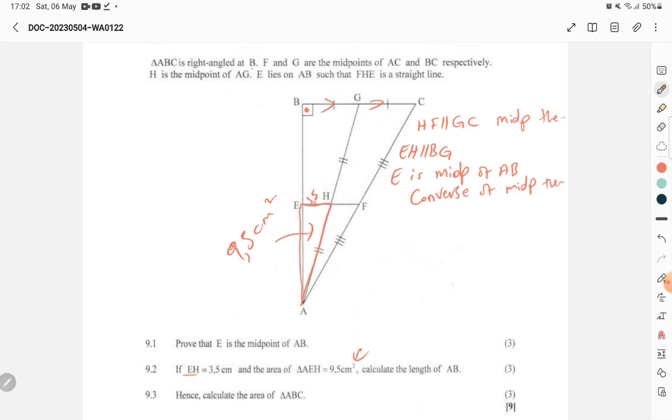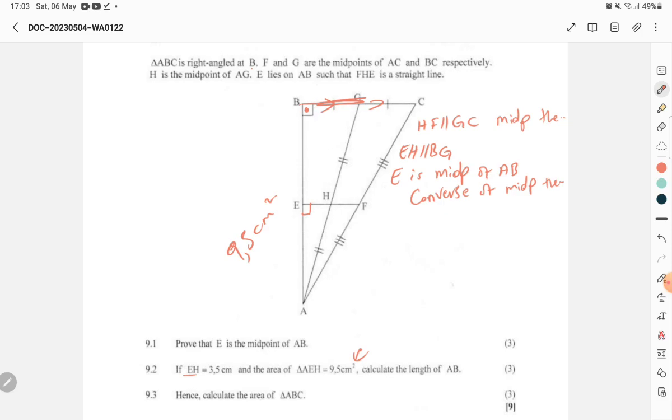Well, the length of AB is basically going to be what? We need to remember that if this line is parallel to this one, then angle E is going to be 90 degrees as well, because these angles have to be corresponding angles equal to each other.